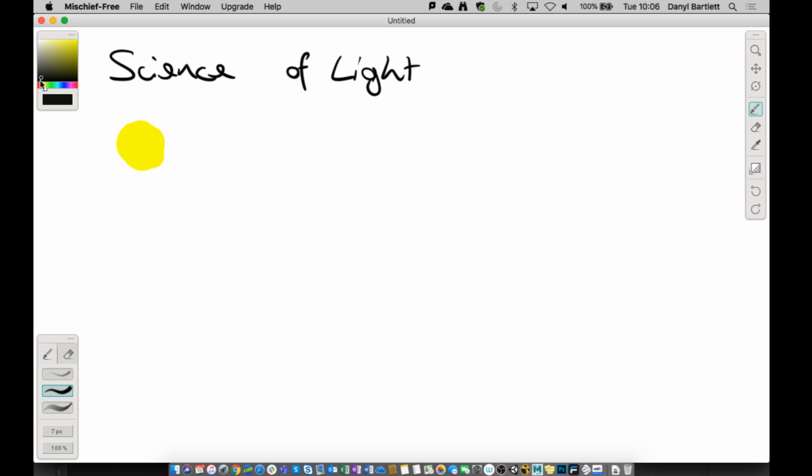It's probably the only thing in your entire life that you have been absolutely assured of at all times. It's the only constant in our lives, even more so than things like air. Air is not a constant if you're at a swimming pool, but light is always there. And yet sometimes we fail to understand exactly how light works and how light behaves.